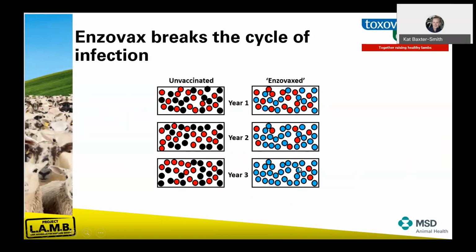Year 3, again, a proportion of the flock will be moved out. New replacements will be brought in and vaccinated while they're still naive, and an even greater proportion of the flock is blue. So this means that year on year, your abortions will go down and down. By year 3 or 4, you should be getting no abortions really at all. Pretty much the whole flock is protected at that point.